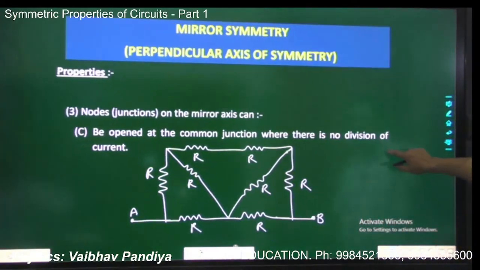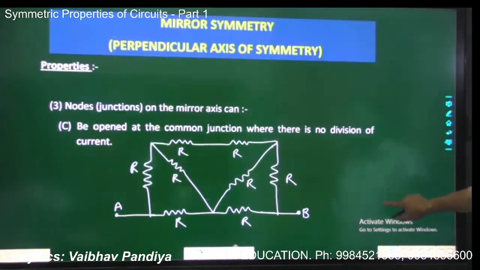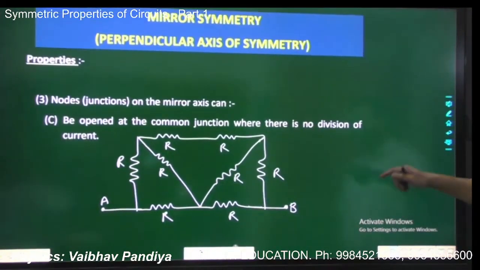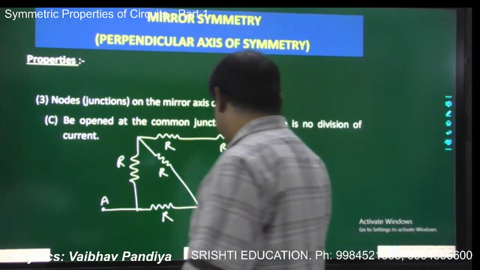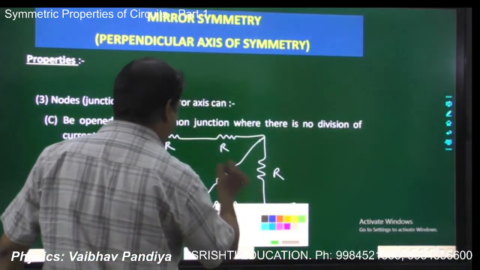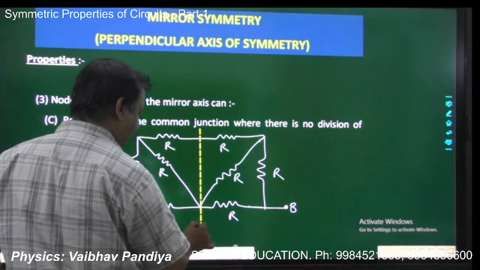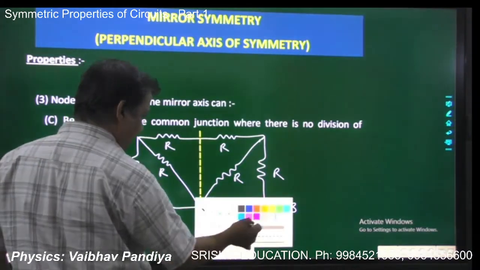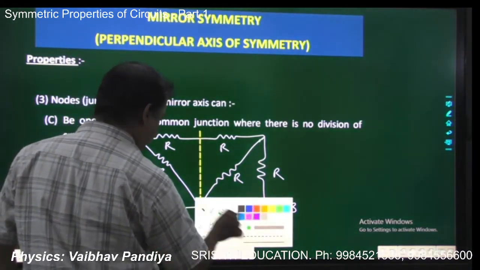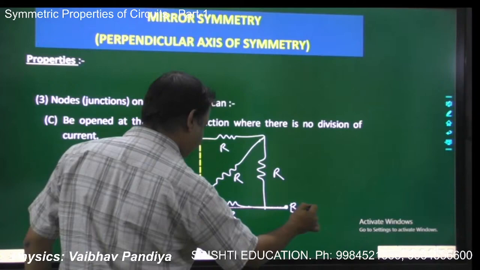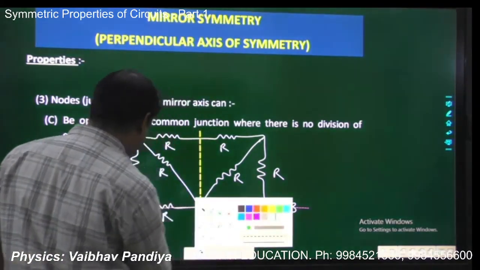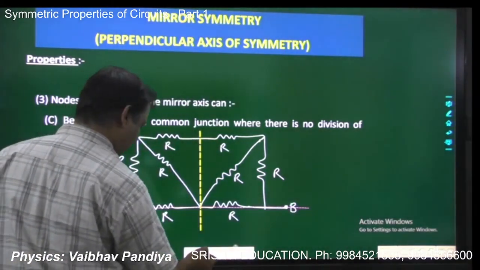Now the third application of the third property. See, when we have a perpendicular axis of symmetry, like in this case, if you see the right hand side and left hand side, this is the current axis, this is the direction of current, correct?